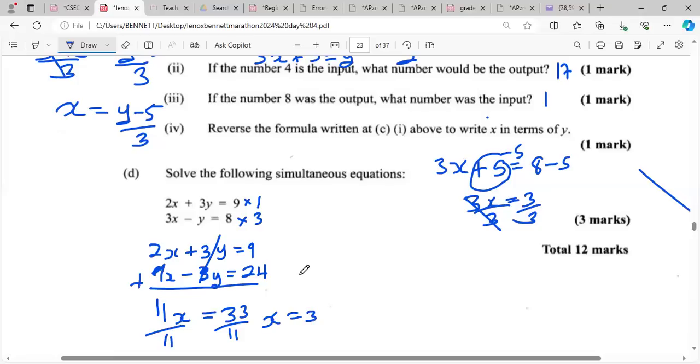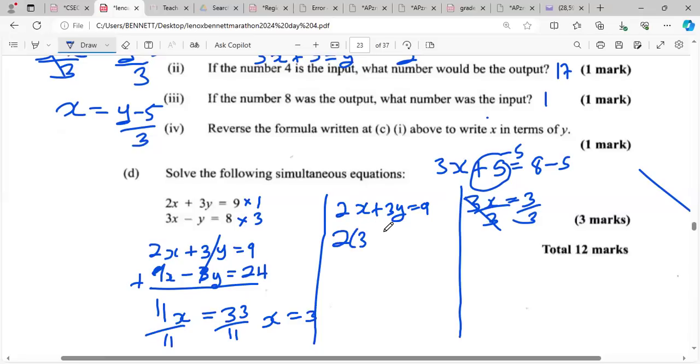Now that we know x is 3, we can match up to y. I'm going to use a positive one, so I'm going to use 2x plus 3y equals 9. But because I know the value of x, anywhere I see x, I'm going to replace it with 3. So we have 2 times 3 plus 3y equals 9.